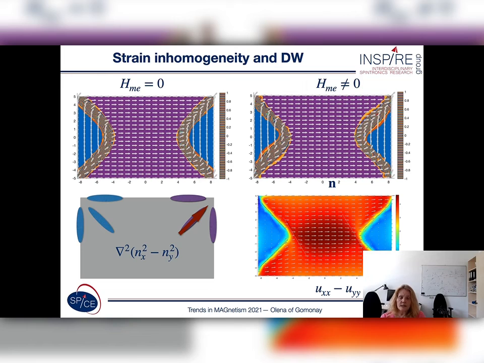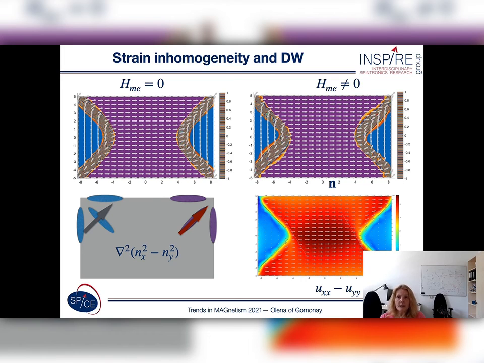So, in this case, in the right corner, the distribution of strains favor orientation of the Néel vector along the ellipse, along axis of the ellipse, while for the left corner, the preferable axis would be 90 degree rotated. And this creates asymmetry in a distribution of the Néel vectors and the effective width of the domain wall.